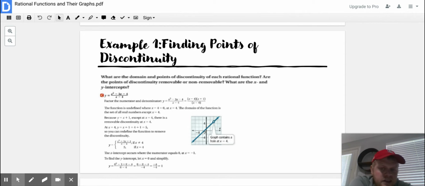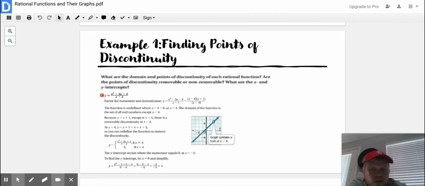Okay. The x-intercept occurs when the numerator equals 0. In our numerator, we have x plus 1. If I set that equal to 0, x should equal negative 1. To find the y-intercept, I'm going to go back to my original equation up here, the x minus 4 and the x plus 1 over x minus 4.